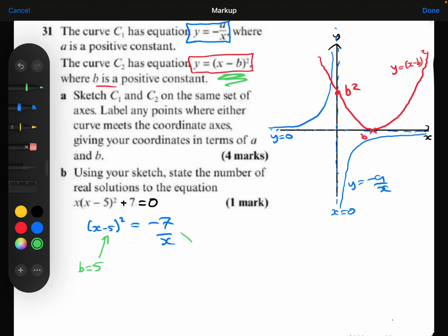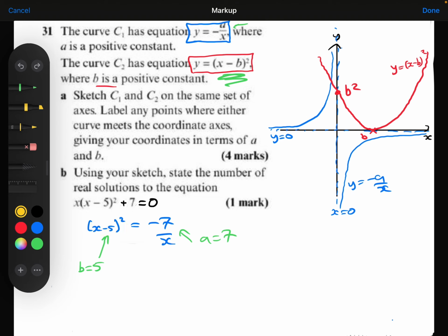And this is very similar to just a being 7 in my C1 curve. So actually, this equation here, all it's saying is, when do my curves intersect? When does my C2 equal my C1?